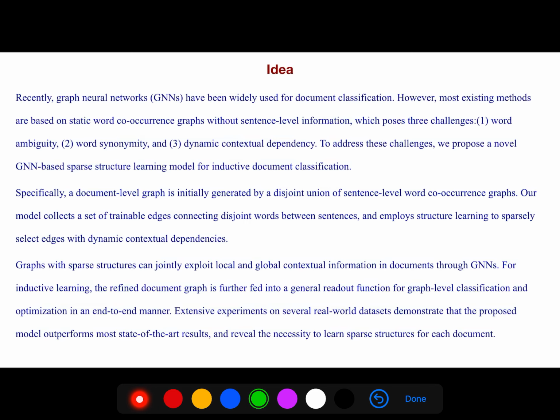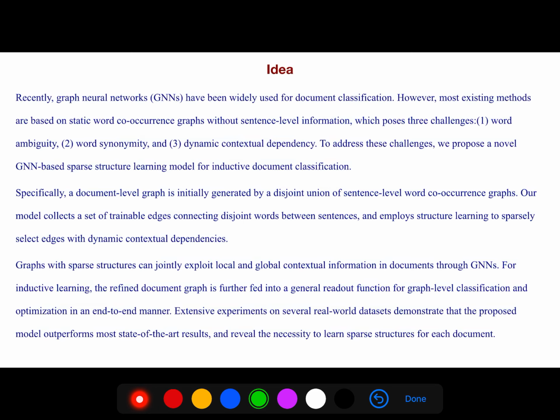Specifically, a document-level graph is initially generated by a disjoint union of sentence-level word co-occurrence graphs. Our model collects a set of trainable edges connecting disjoint words between sentences and employs structural learning to sparsely select edges with dynamic contextual dependencies.